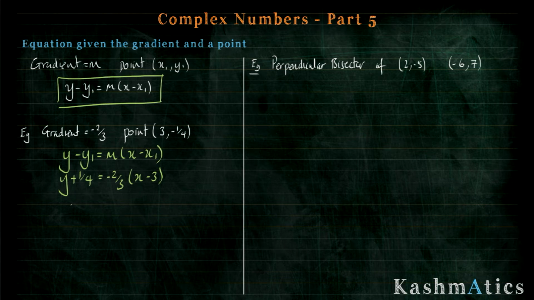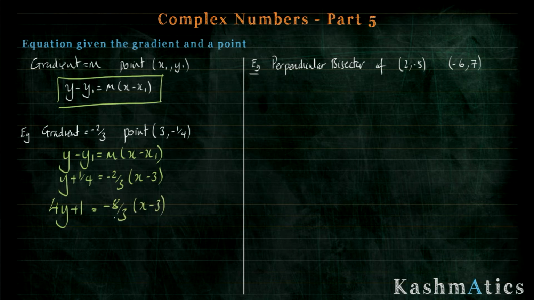So the first thing I would do is just try and get rid of my denominators, and I'll do it step by step. I could multiply the whole thing by 12, but I'm not going to. What I'm going to do is I'm just going to multiply by 4 first. So multiplying by 4, I get 4y plus 1 is equal to minus 8 over 3 and that would be (x minus 3).